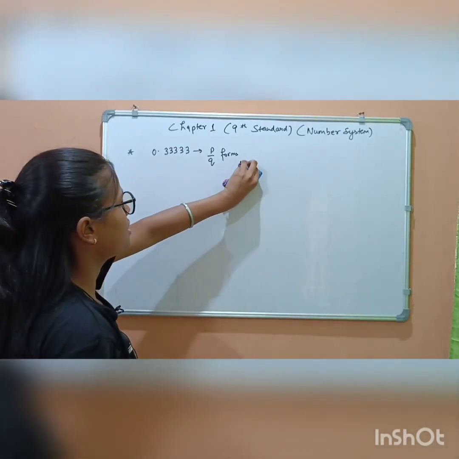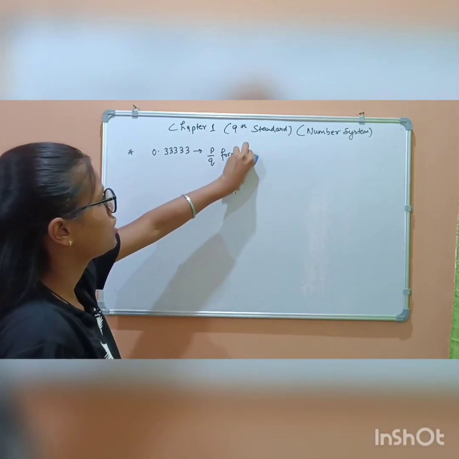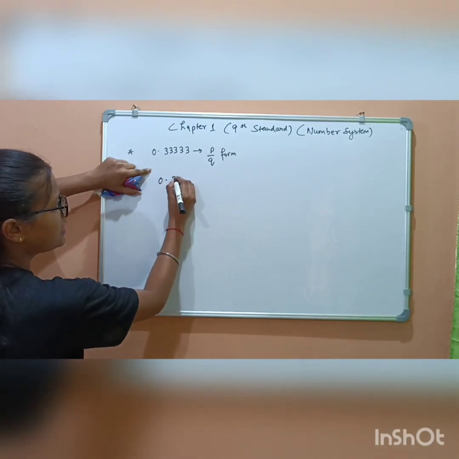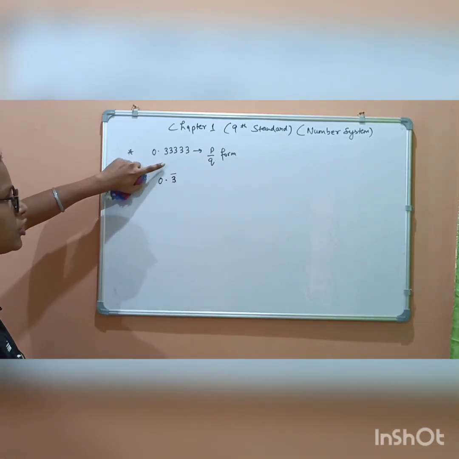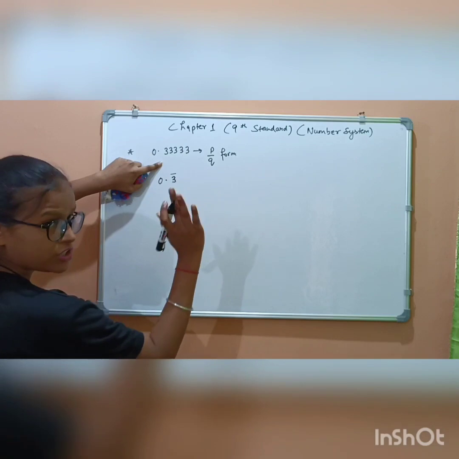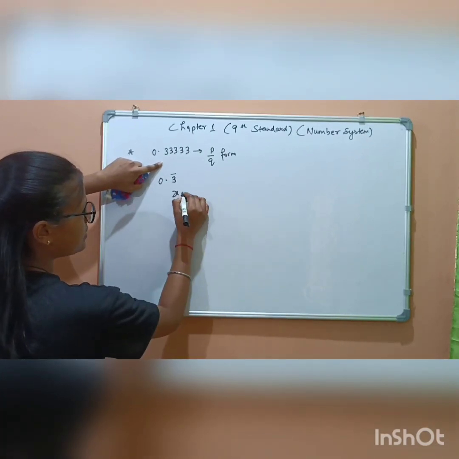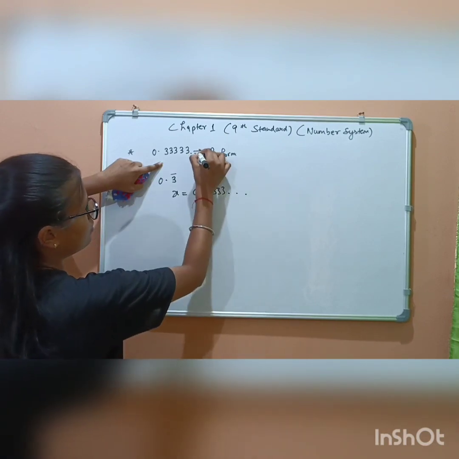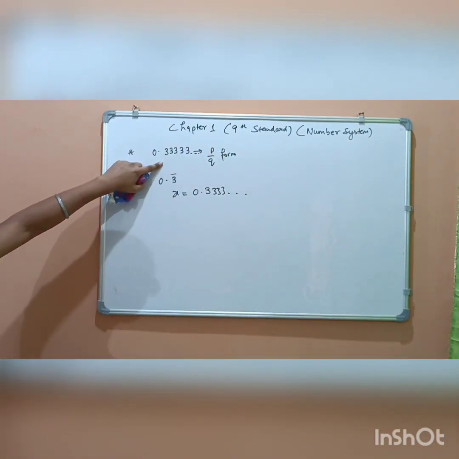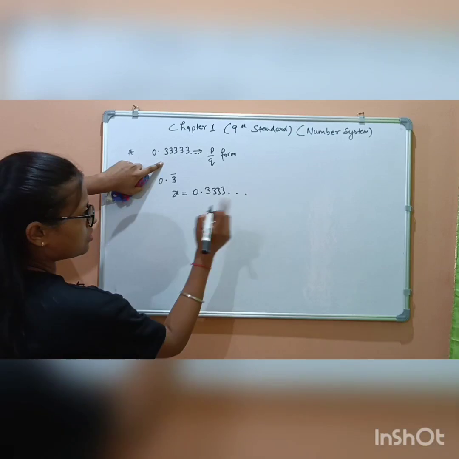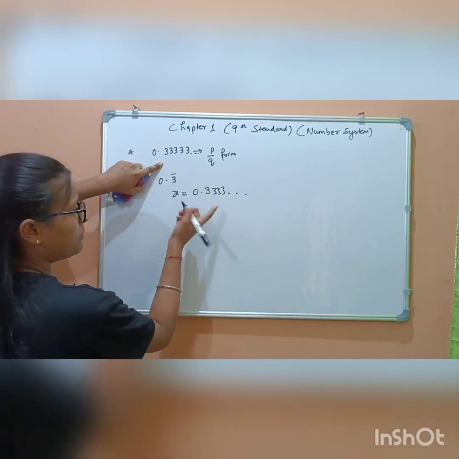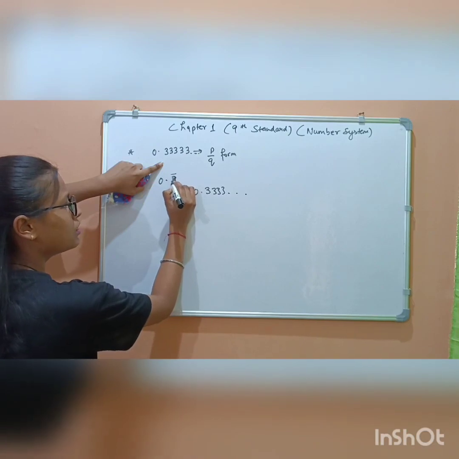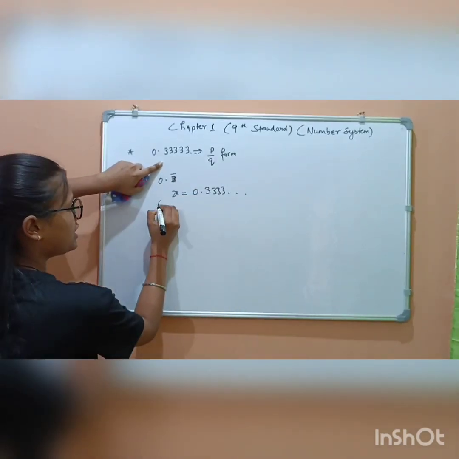What you have to remember is, if you want to show this type of thing, that is 0 point single digit bar, only 3 is repeating over here, then simply take x equals to 0.3333. This is a rational number. Only one digit is repeating, so multiply it by 10.